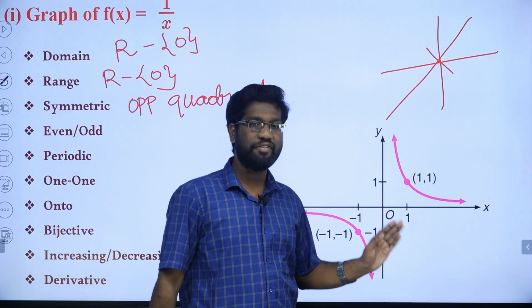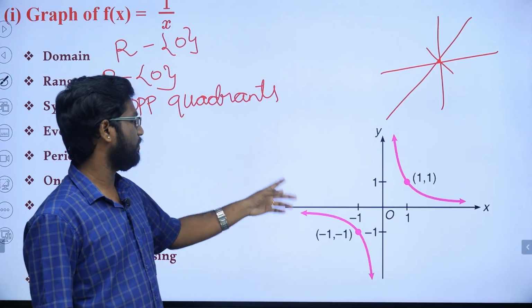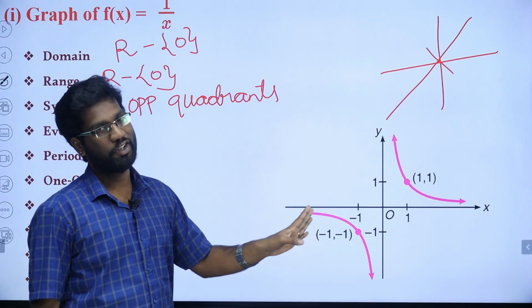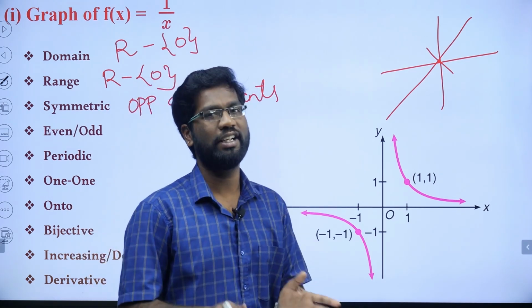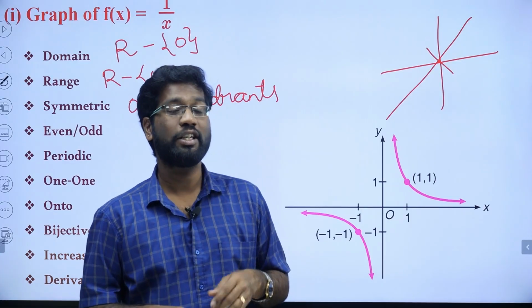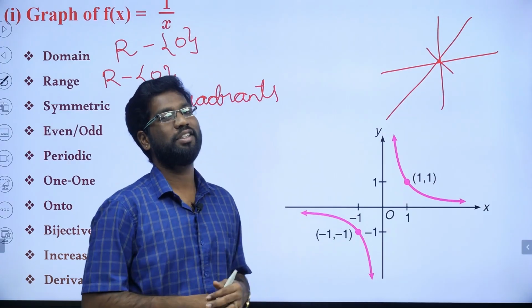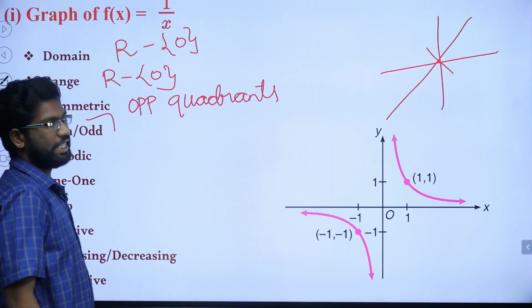Mostly it will cover everything. So if it is symmetric about opposite quadrants, then we can say this is an odd function. I hope you all know the definition for even and odd. Everything I have explained in the previous lectures, my dear students. If you have time, please go and watch and learn it. Okay, so this one is an odd function, my dear students.